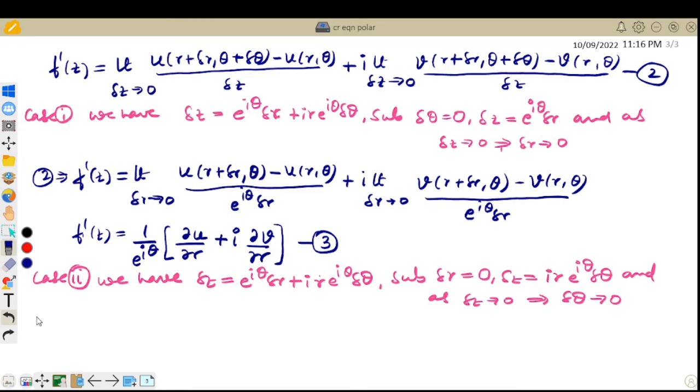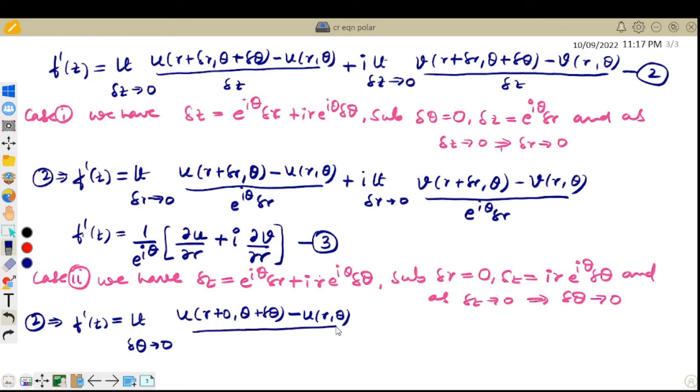Fine. Now equation number 2 becomes f dash of z is equal to limit as this time delta theta tends to 0 of u of r plus delta r, which is 0, comma theta plus delta theta minus u of r comma theta, divided by delta z.